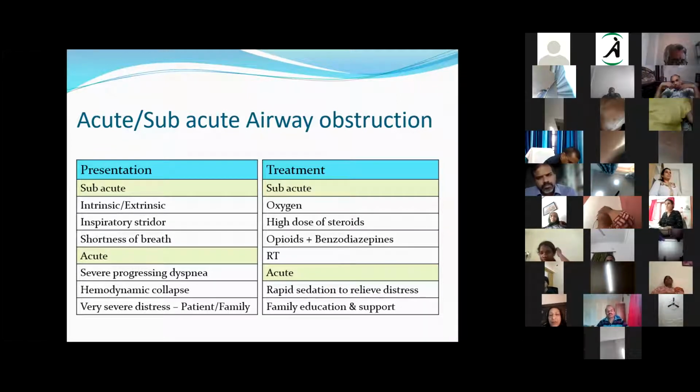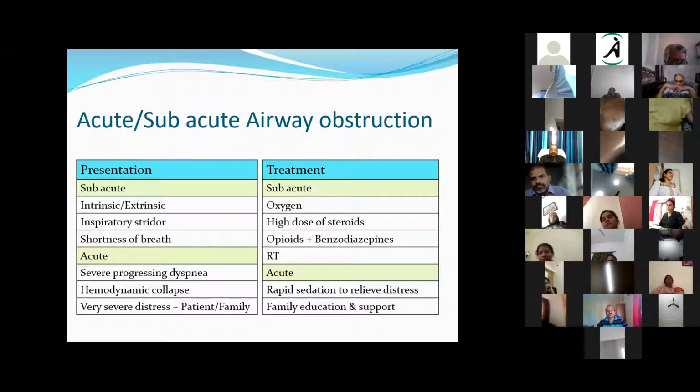So airway obstruction can present in both cases, intrinsic obstruction and extrinsic obstruction. The features will be acute onset or subacute onset shortness of breath, inspiratory stridor, pain, or the patient will have a toxic look, or looks like in distress, because he's not going to tell you the symptoms. You have to actually observe the symptoms. Yes, it is an obstruction feature.